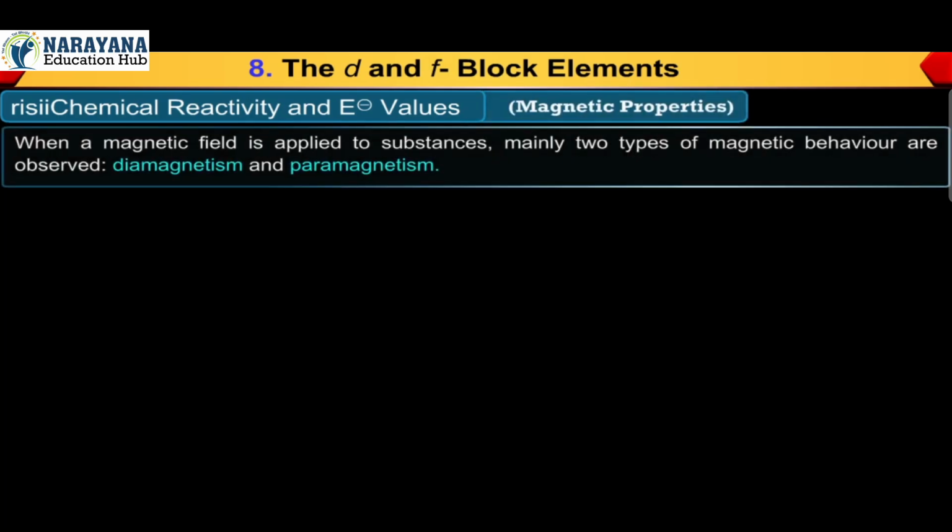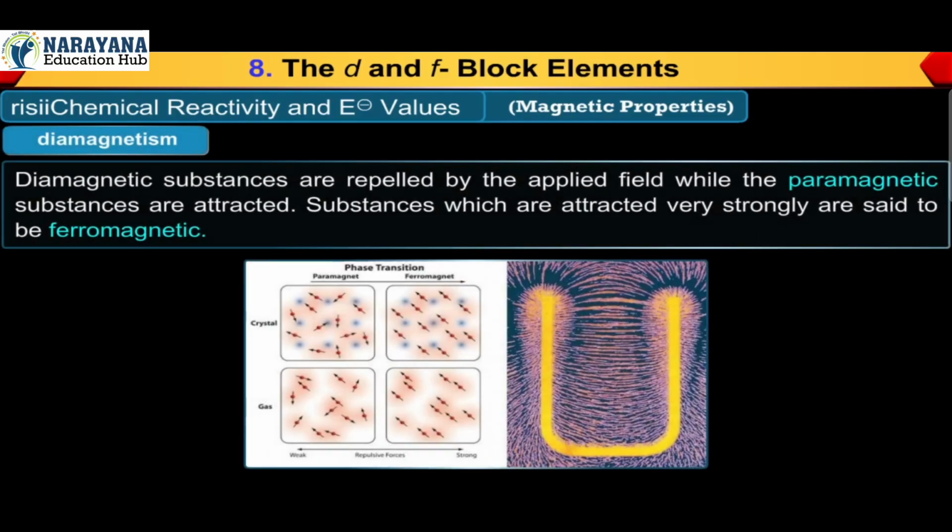Magnetic properties. When a magnetic field is applied to substances, mainly two types of magnetic behavior are observed: diamagnetism and paramagnetism. Diamagnetic substances are repelled by the applied field, while the paramagnetic substances are attracted. Substances which are attracted very strongly are said to be ferromagnetic.